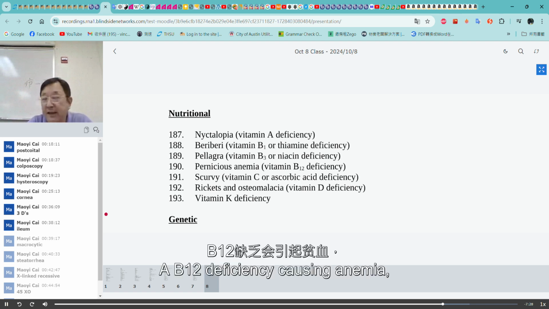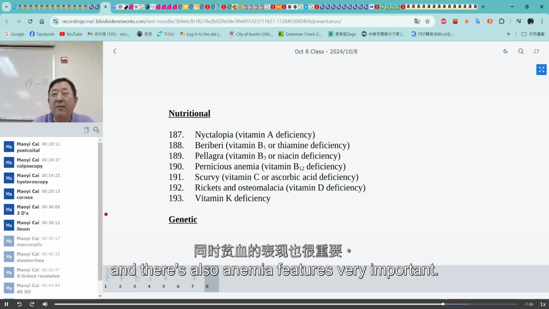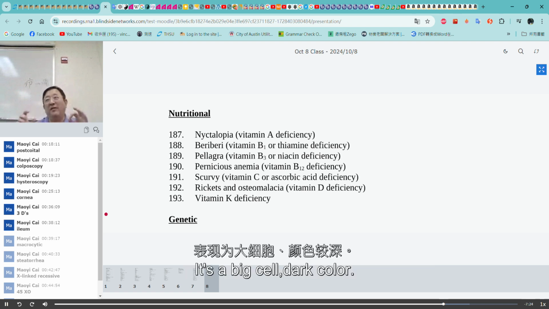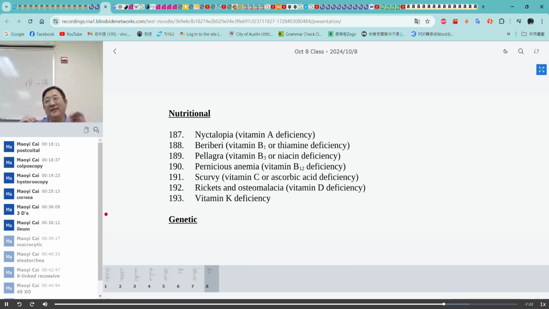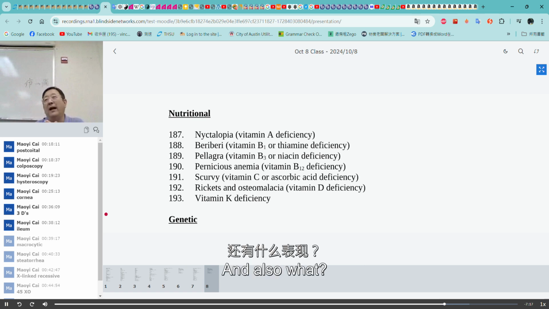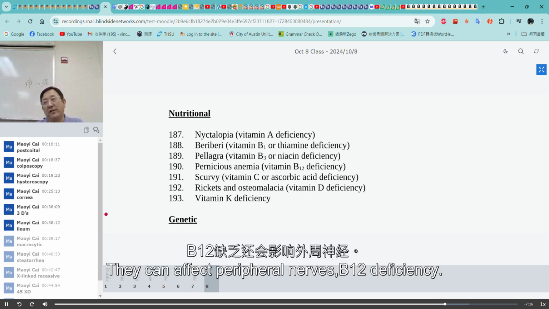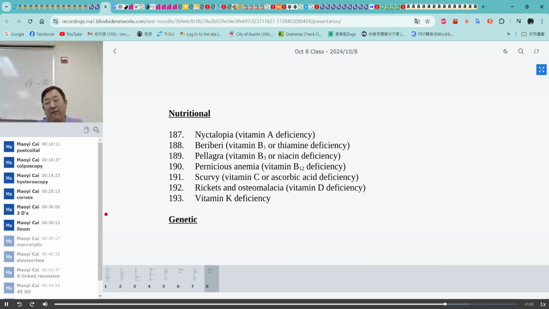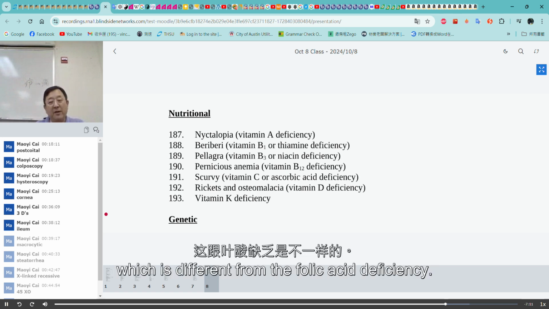B12 deficiency causes anemia, and those anemia features are very important. It's a big cell, dark color. So the cell is big, color is dark. And also what? B12 deficiency can affect peripheral nerves, which is different from folic acid deficiency.